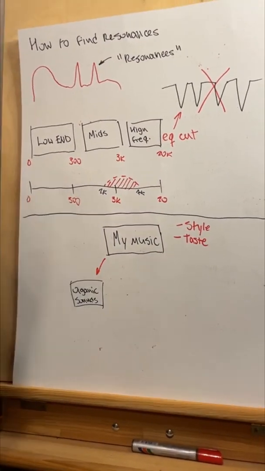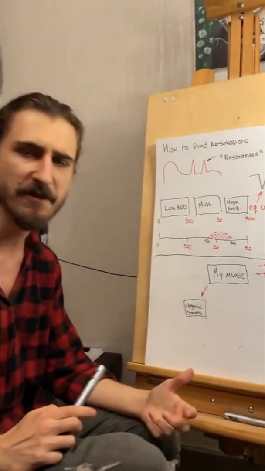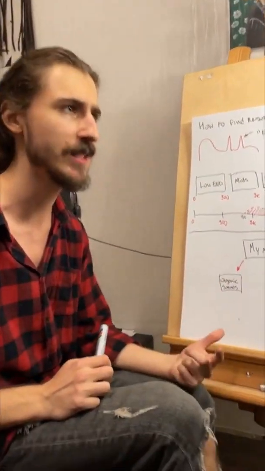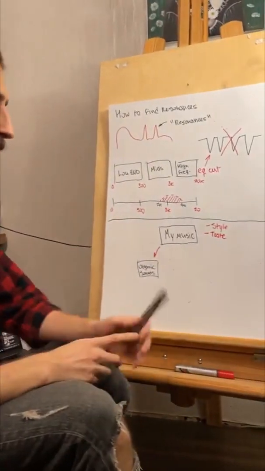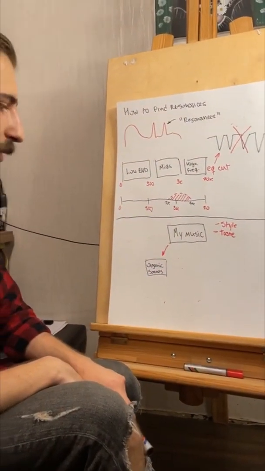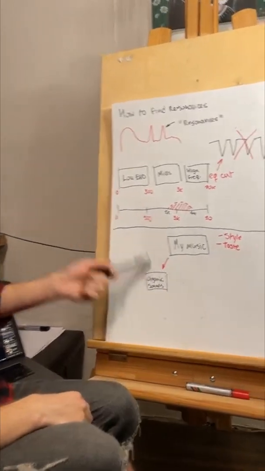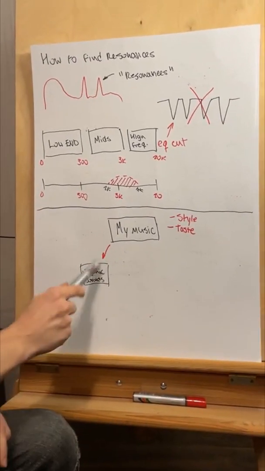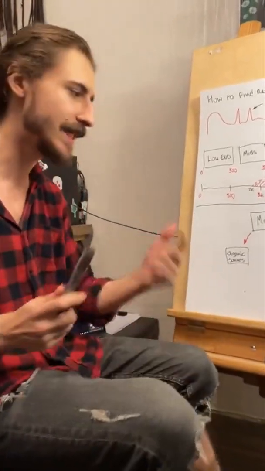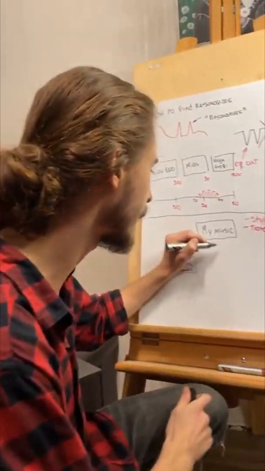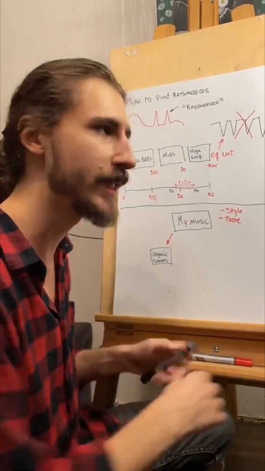I don't think there are a lot of other things that affect the sound selection as much as the style and the taste. Those are the very important ones. When I make my music, I like a lot of organic sounds. Maybe I like mixing genres, mixing different sounds.